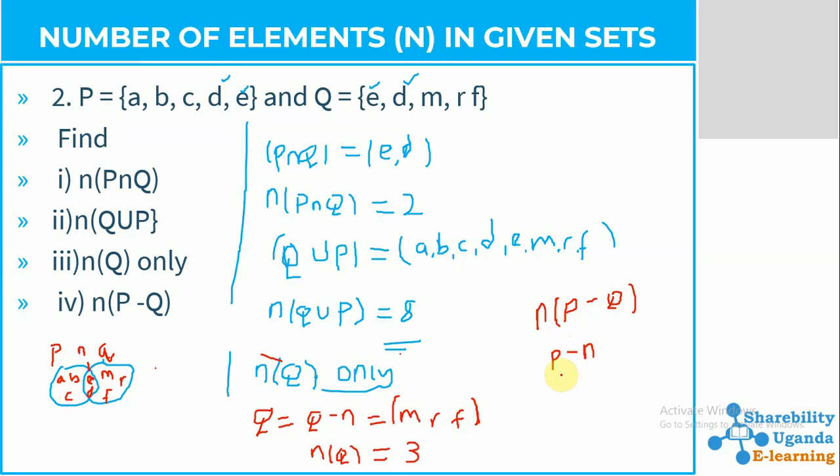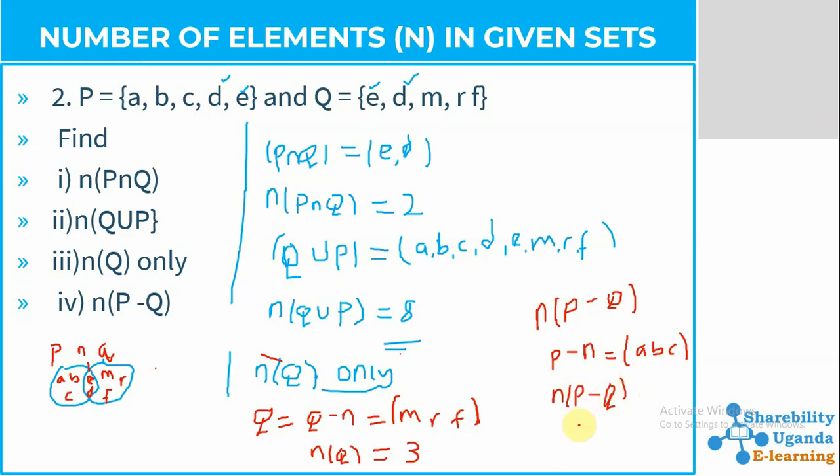So here we shall get our members as A, then B, and then C. Okay, these are the members of P minus Q. Of course, they want the number of P minus Q.